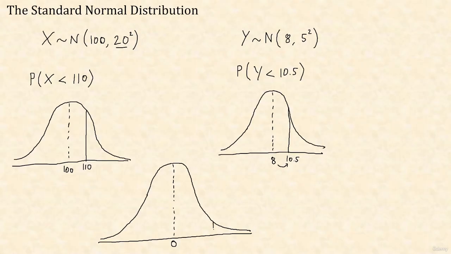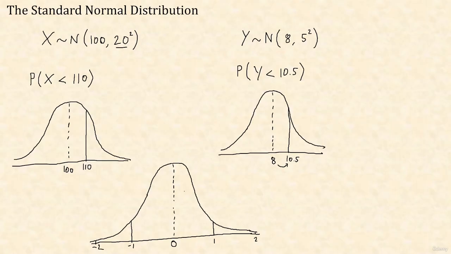There'll be a point which is 1 standard deviation above the mean. There'll be a point which is 1 standard deviation below the mean. I'll call that -1. There'll be a point which is 2 standard deviations above the mean. And there'll be a point which is 2 standard deviations below the mean. This distribution here is the standard normal distribution.